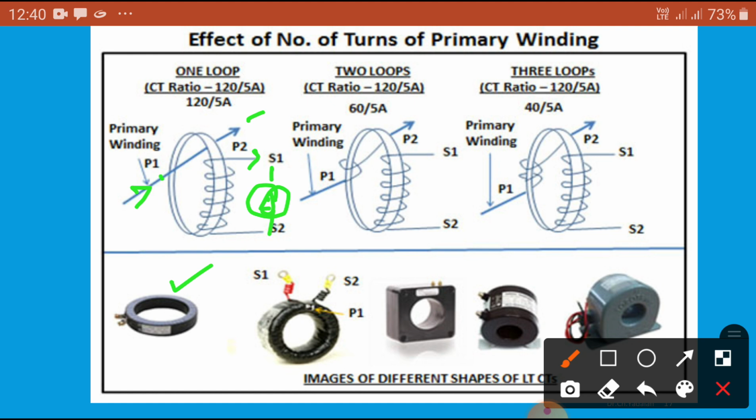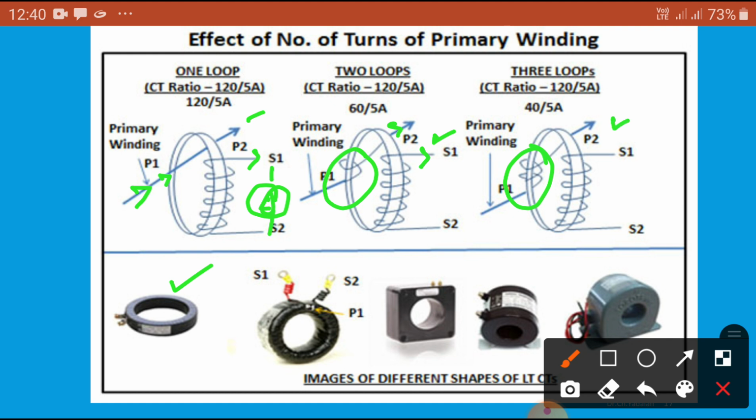Suppose this primary is twisted here 2 times, 2 loops. The CT ratio is the same, but what will happen? The rating becomes 60/5 amperes. When 60 amperes flows, 5 amperes will flow. The turns ratio changed. Suppose 3 turns, then it becomes 40/5 amperes.